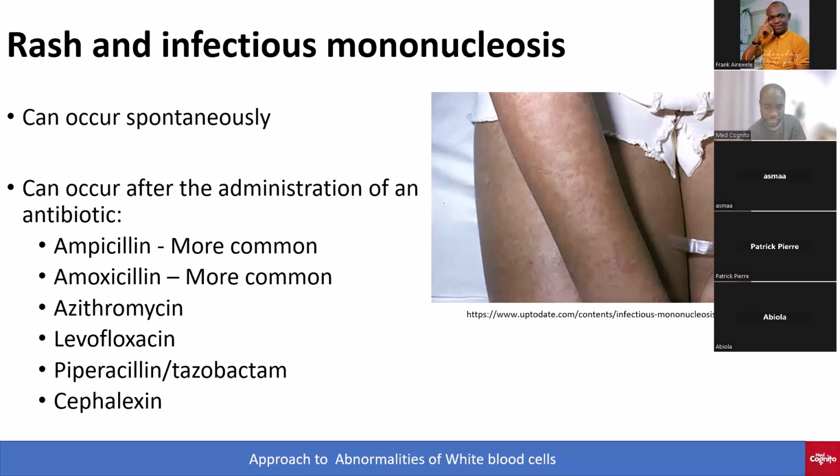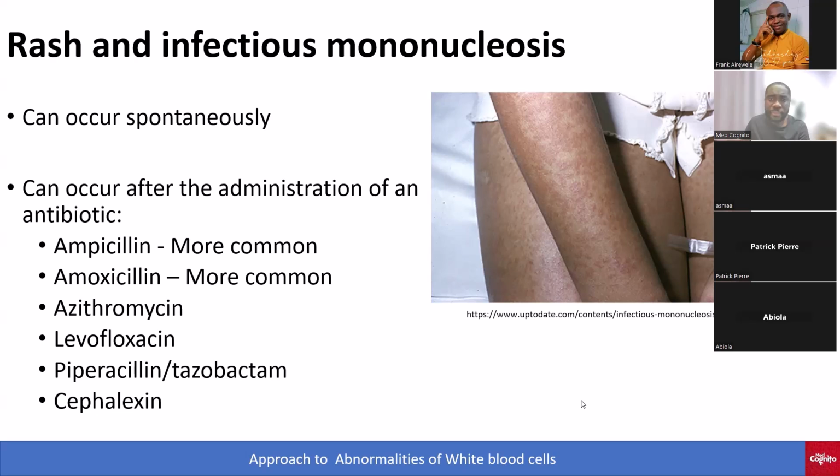The person may think they are allergic to the antibiotic, but it may be that the patient had infectious mononucleosis before the antibiotic was prescribed. So it is not necessarily that the patient is reacting to the antibiotic. Sure. And which other antibiotics can cause this kind of rash?